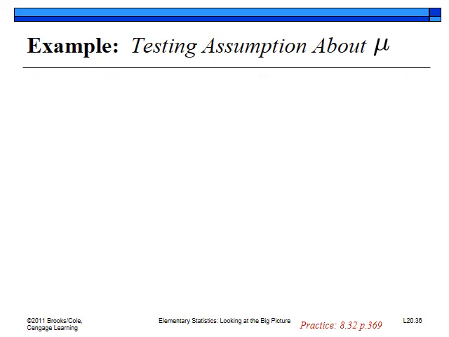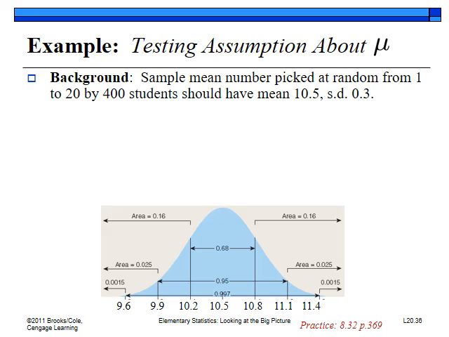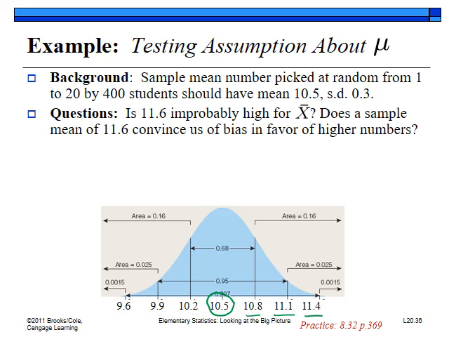So let's look at our assumption about the population mean. Since this sample is big enough to be approximately normally distributed, then the mean of our distribution ought to be 10.5. The standard deviation for this distribution, again, of the sample means is 0.3. So we're going to go up by 0.3 and up by another 0.3 and up by another 0.3. Now, where is our sample mean?